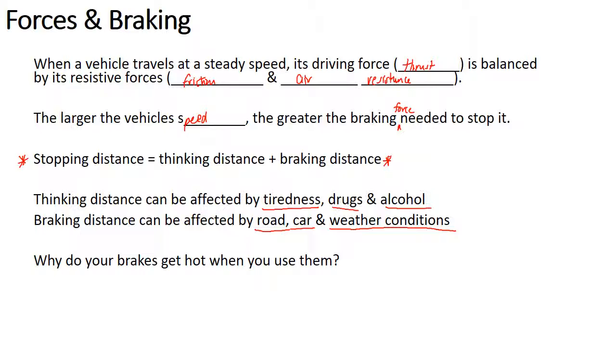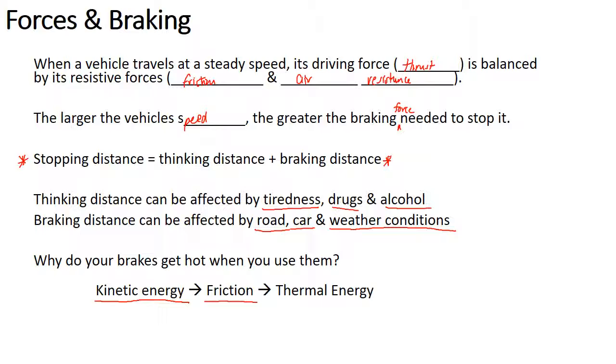And then finally, you need to know why your brakes get hot when you use them. So this answer takes into account energy and energy transfers. Now, your brakes and your car tyres have lots of kinetic energy. The car tyres are moving very, very quickly. Because they've got lots of kinetic energy in them, when you apply your brake pads to the car's tyres, you start to gain friction occurring.